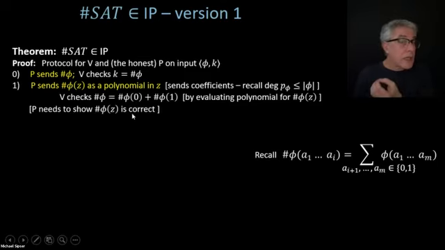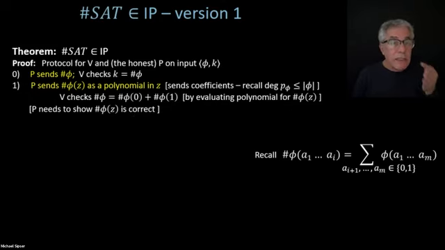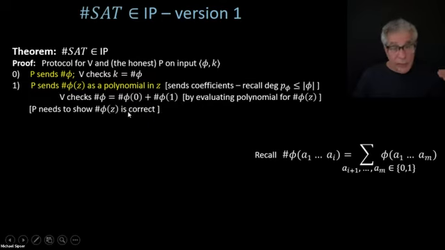If the polynomial was the wrong polynomial, then evaluating it at a random place is probably going to disagree with the correct polynomial at that place, because they can only agree rarely. So the prover is going to demonstrate that by evaluating that polynomial at a random place, that value you get is going to be the correct value, and it's going to continue to do that using the same protocol, as we'll see. So that's where we're going.